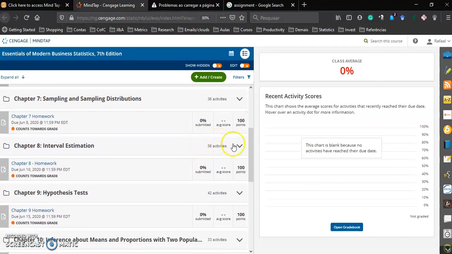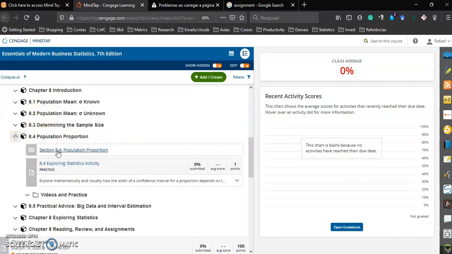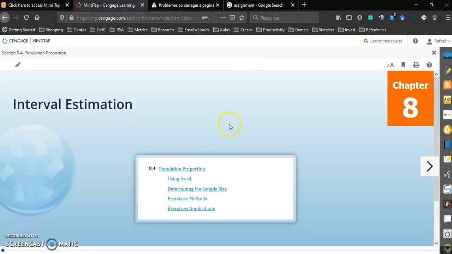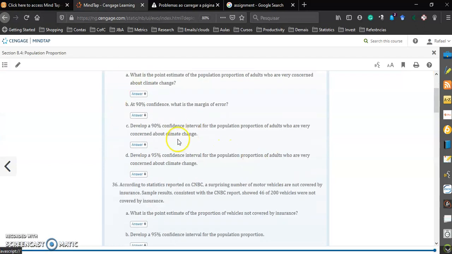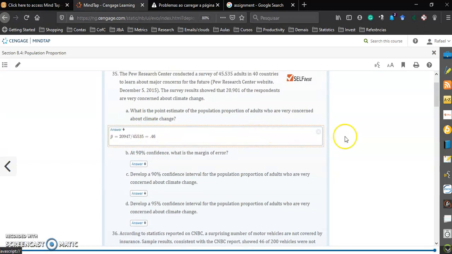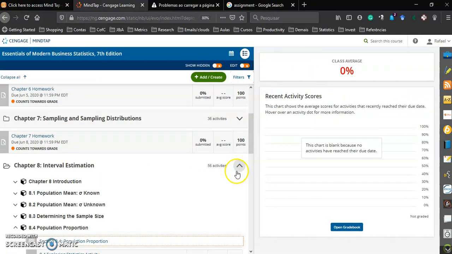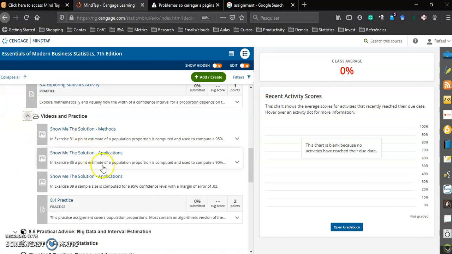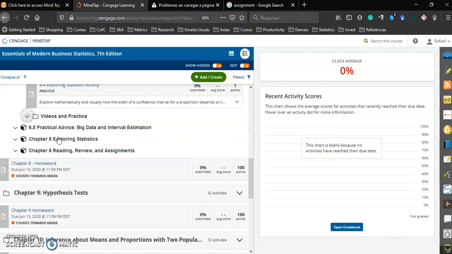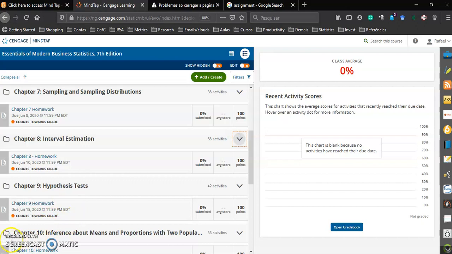So here in chapter 8, you can go to population proportion, open here, and then you have this menu. You go to exercise applications, and you have many problems with the answers for you to work on. Also, you have videos here, videos in practice, show me the solution methods and applications. There are many resources for you. I hope you can find all the answers you need.